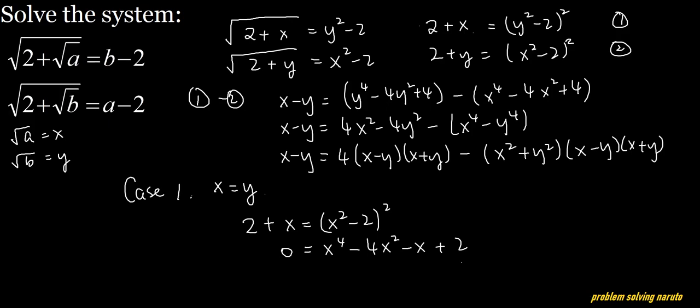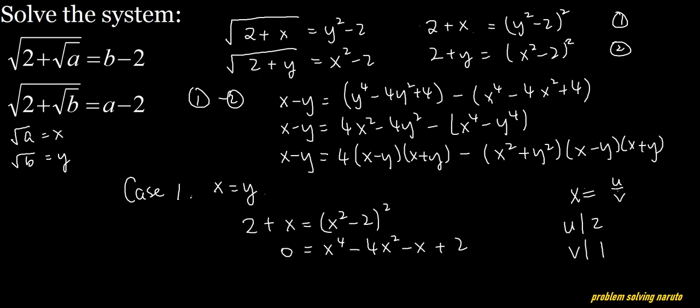There is a theorem, the rational root theorem, which says that if you have a polynomial with integer coefficients, just like here, and a rational root u over v, then u should divide 2 and v should divide the leading coefficient.